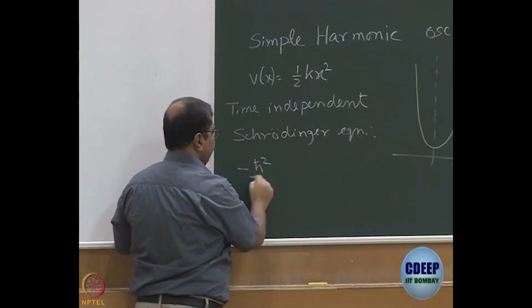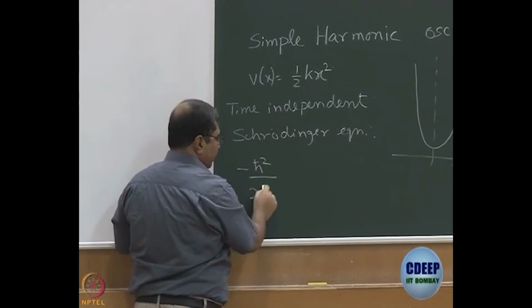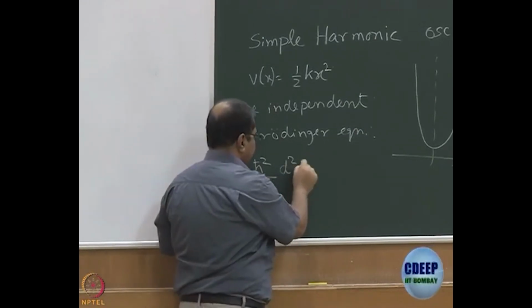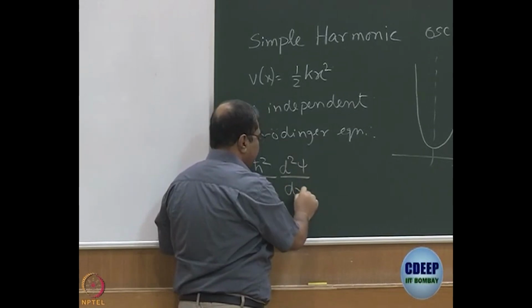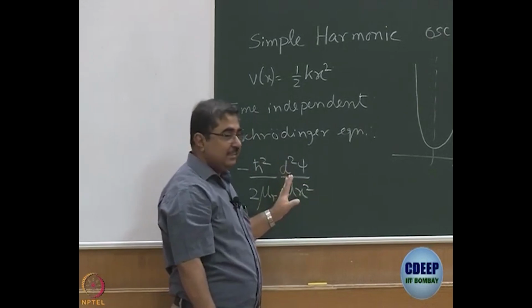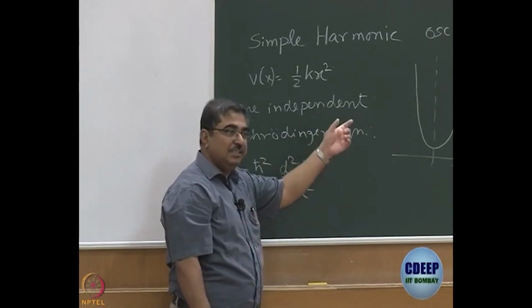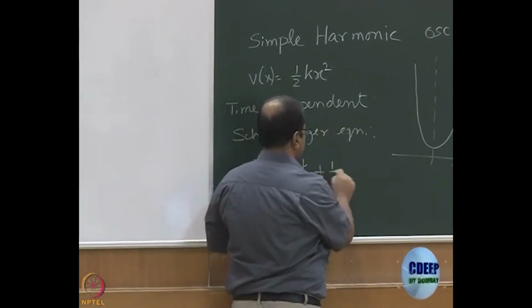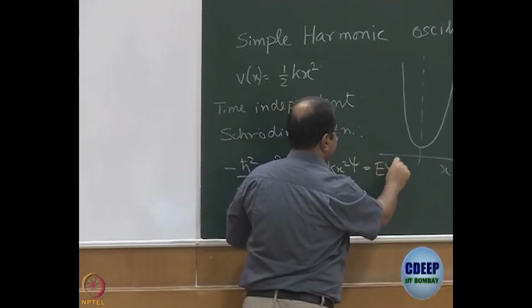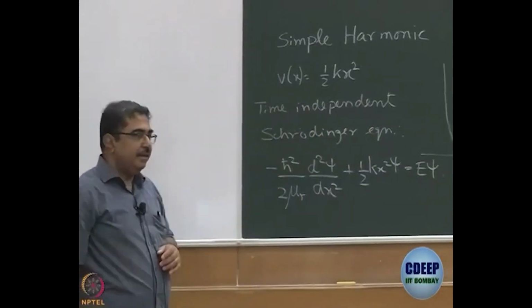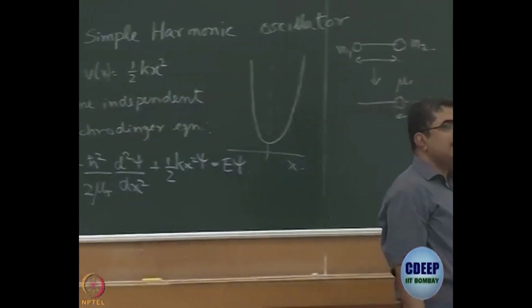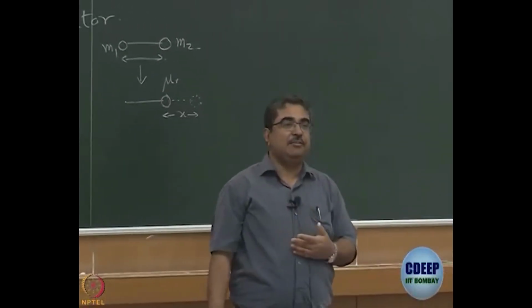Minus h cross square divided by 2 mu r, d2 psi dx2, and once again it is important to remember x is not Cartesian x, it is displacement from the mean position here, plus half k x square psi equal to E psi. And you know that if you solve the Schrodinger equation using appropriate boundary conditions, what are the boundary conditions used in case of the simple harmonic oscillator?